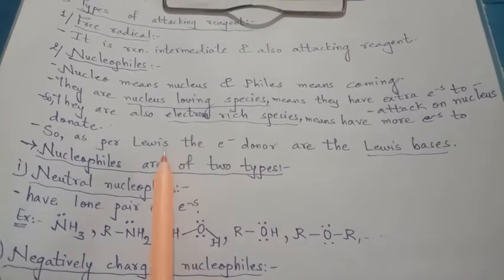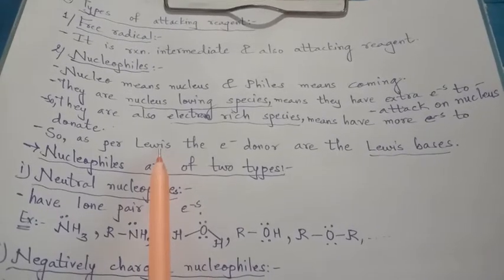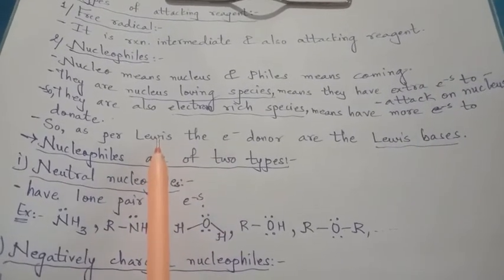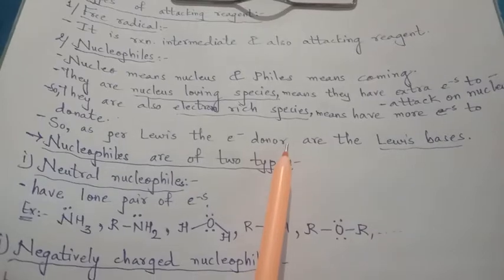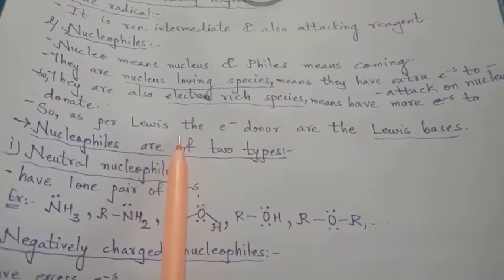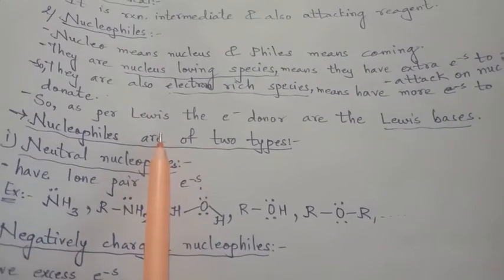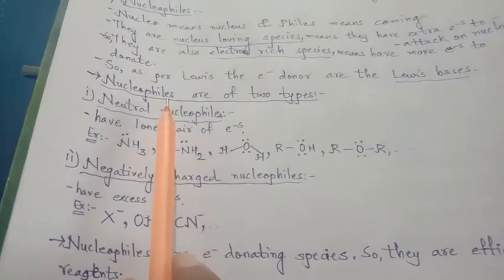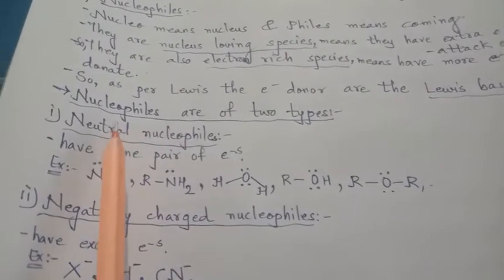Even at that time it was discussed that those species which are electron donors, as per Lewis, are Lewis bases, and those who are electron acceptors, as per Lewis, are Lewis acids. So nucleophiles are Lewis bases because they are electron donors.